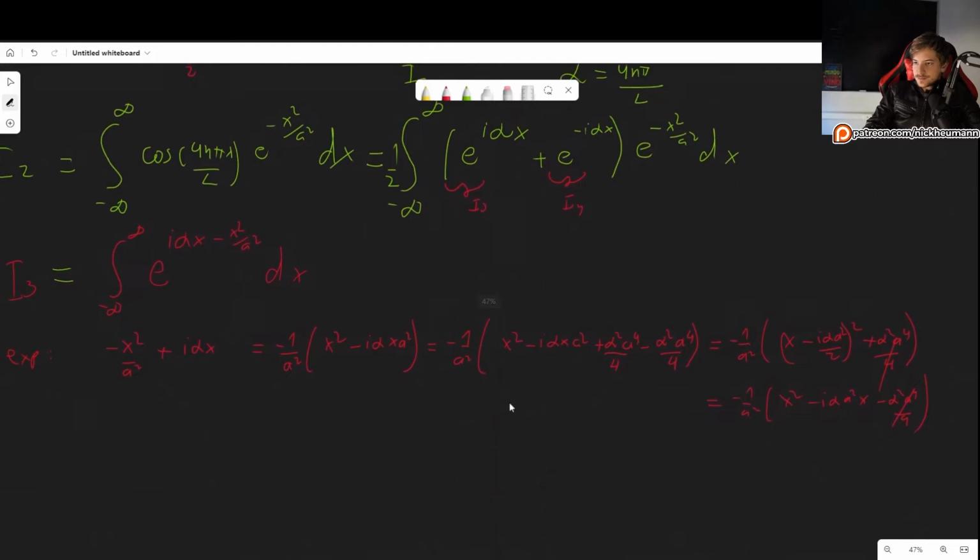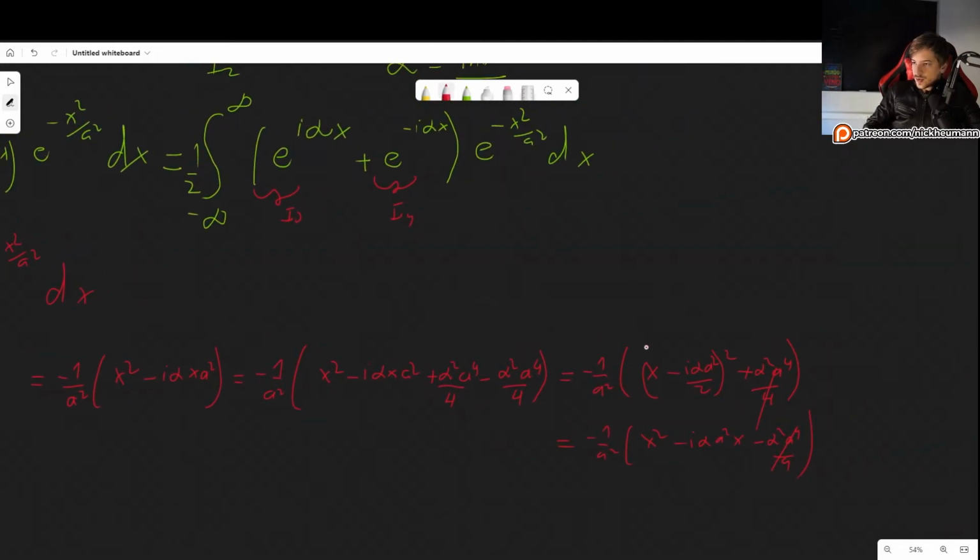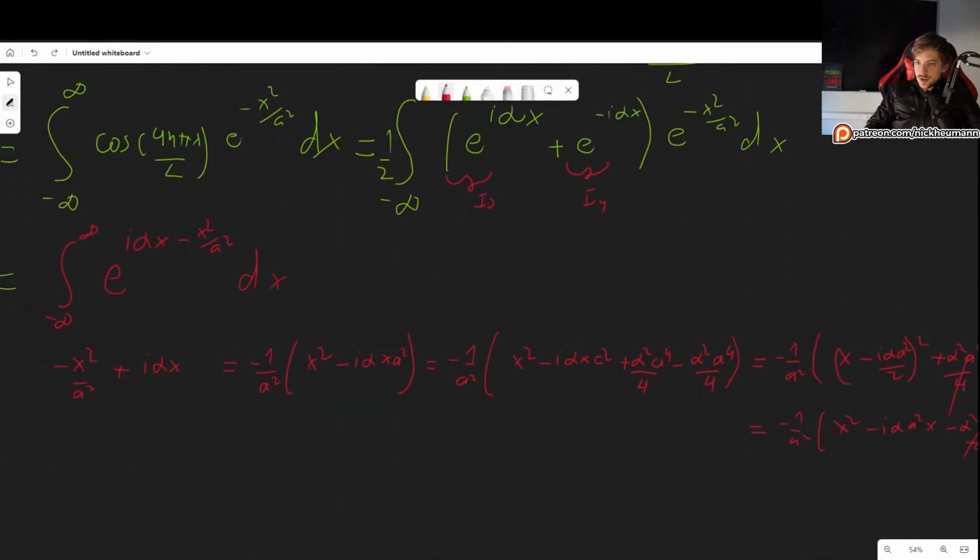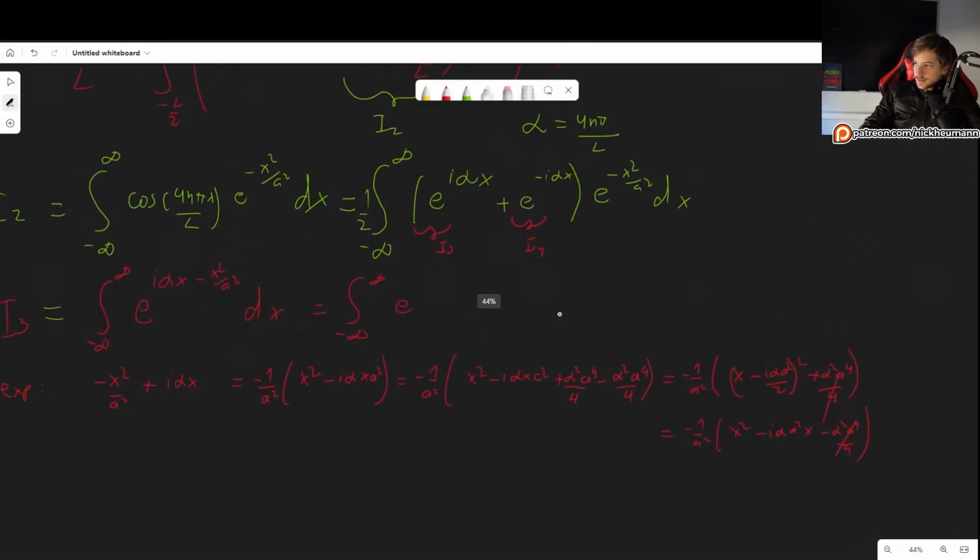So basically, this is how we write this integral. So let's rewrite it. This integral goes from minus infinity to infinity, e to the, and now let's see, actually we have to start with minus 1 over a squared, x minus i alpha a squared over 2, squared, and then e to the minus alpha squared a squared divided by 4, right?